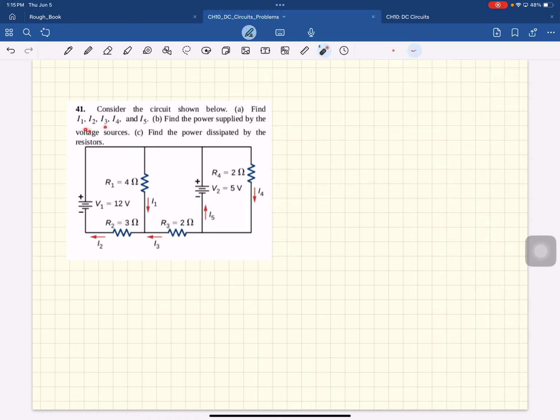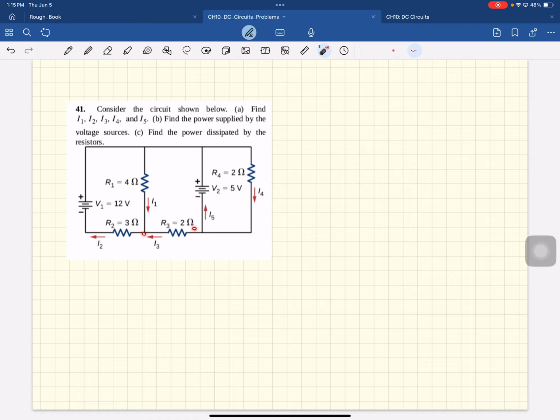I1, I2, I3. Okay, how many junctions? Two independent junctions. So we'll use the junction rule. The junction rule says I1 plus I3 equal to I2.